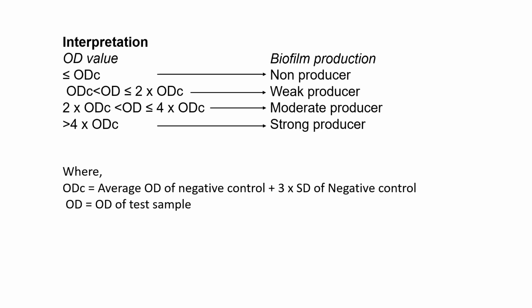If OD is between ODC and 2 times ODC, then it is considered a weak producer. If OD is between 2 times ODC and 4 times ODC, then it is considered a moderate producer. If the OD is greater than 4 times ODC, that is 4 times the average absorbance of negative control plus 3 times the SD of negative control, then it is considered a strong producer.